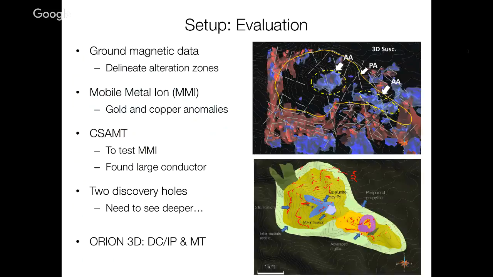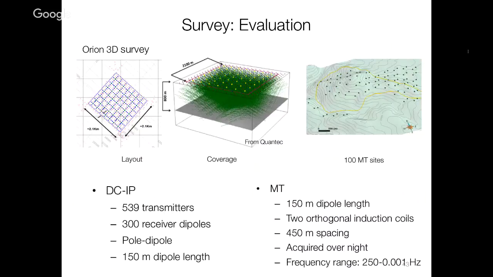The system that they have is called the Orion System. It does DC resistivity, IP, and it does MT. In DC resistivity, we've seen what that is. Here's the Orion System.